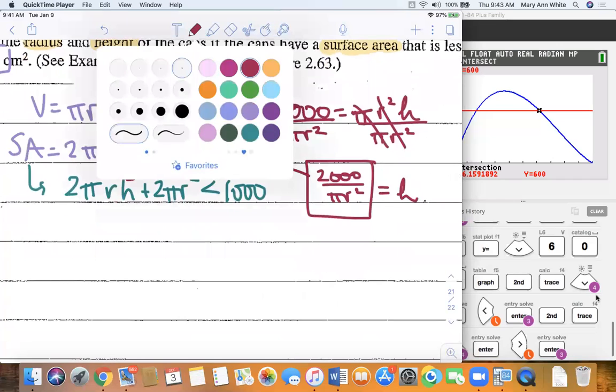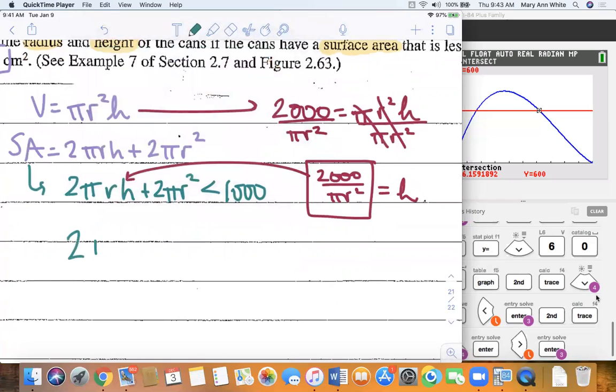So I have 2 pi r and instead of h, I'm writing this 2,000 over pi r squared. Everything else stayed the same.